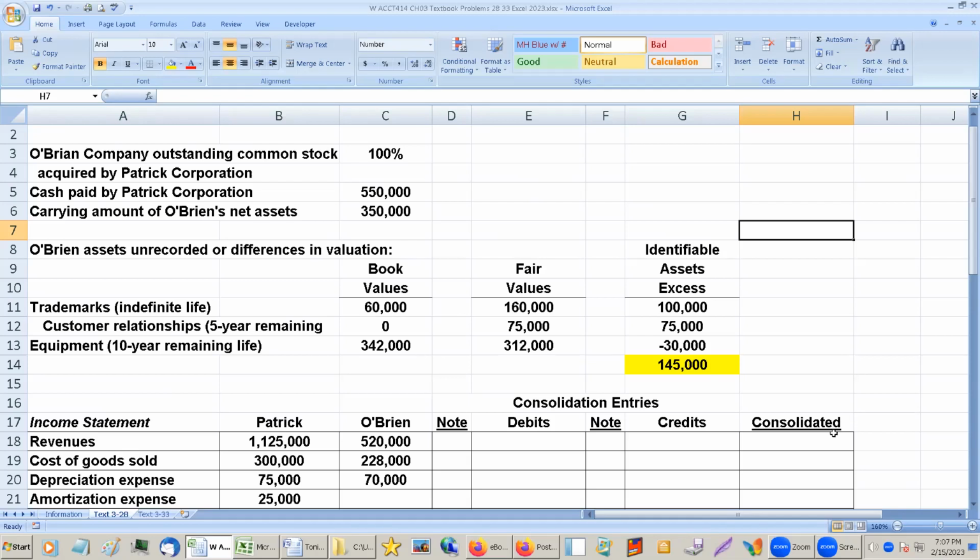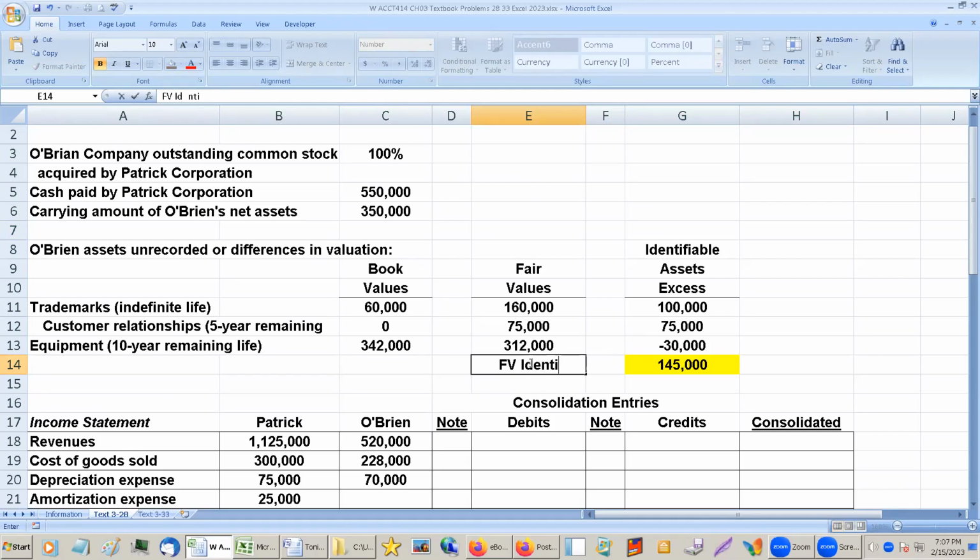And they don't give you all the information, at least not at the top here, but how much is the goodwill? 55K.